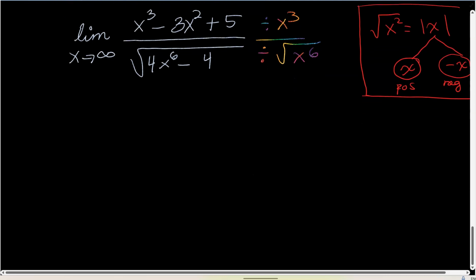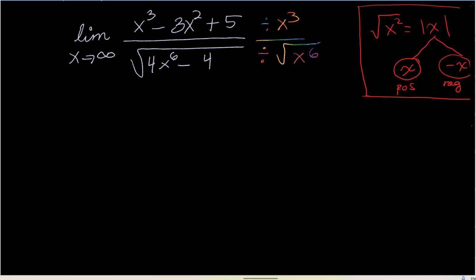So when you divide by the square root of x to the 6 on the denominator, on the numerator we should write the absolute value of x to the 3rd, because x to the 3rd could be a negative number and the square root of something must be positive.